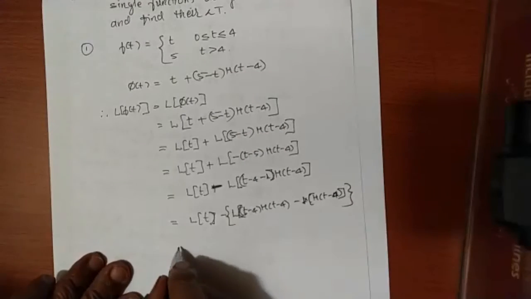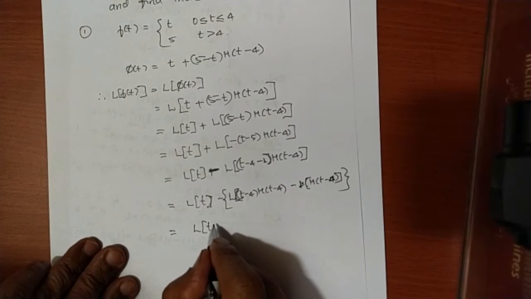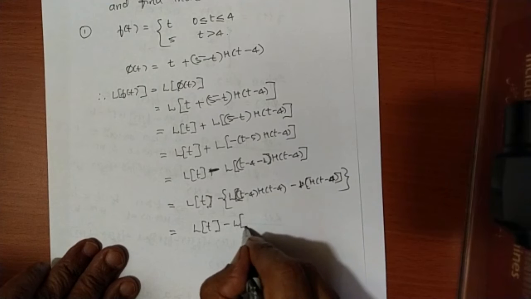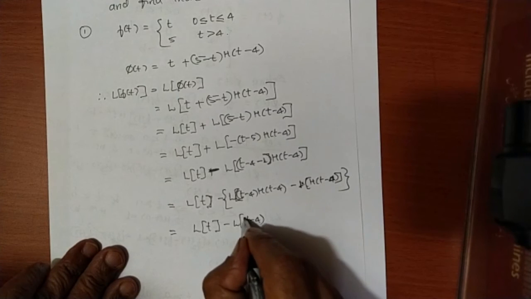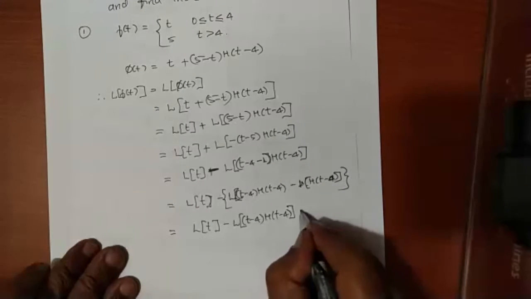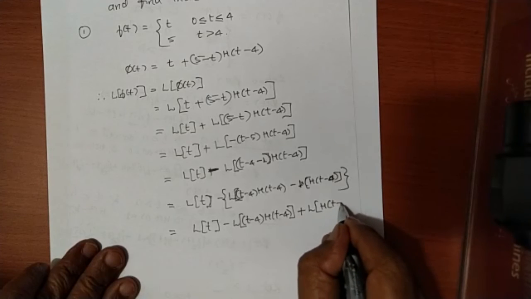So now this is equal to L of t, then minus L of (t minus 4) times h of t minus 4, then with this minus becoming plus, L of h of t minus 4.